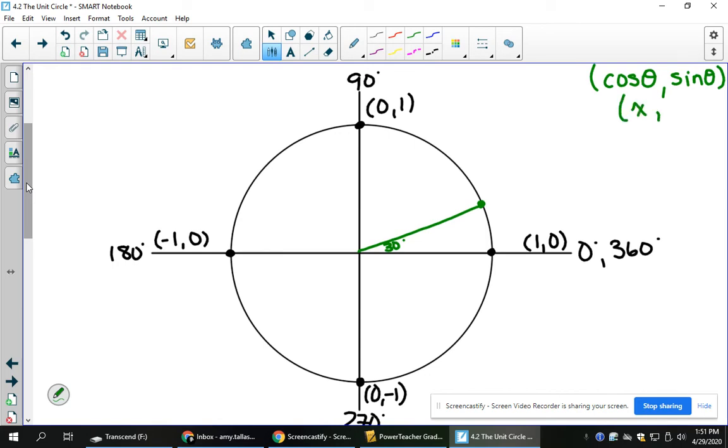That's your x, comma, y. So if I go to the previous slide and figure out what cosine of 30 degrees is, it's root 3 over 2. Sine of 30 degrees is 1 over 2.